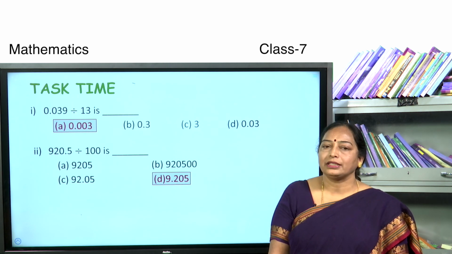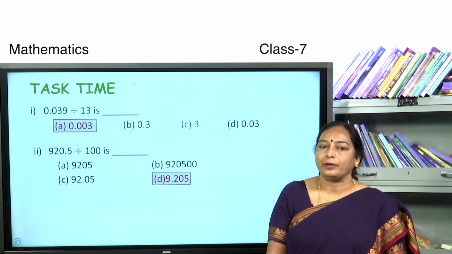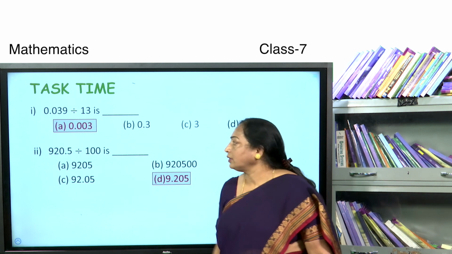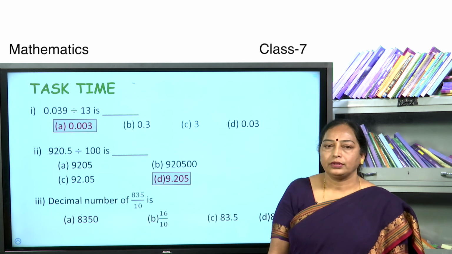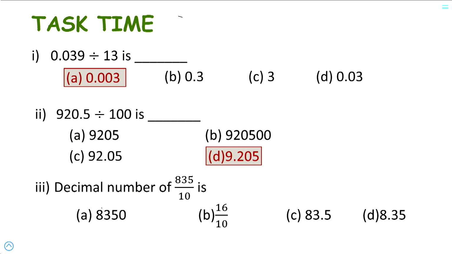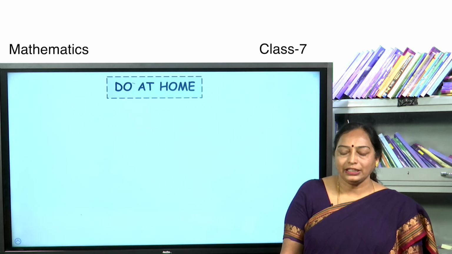The answer is 9.205. Point shifted 2 places towards the left. Third one, the decimal number 835 divided by 10 is 83.5.